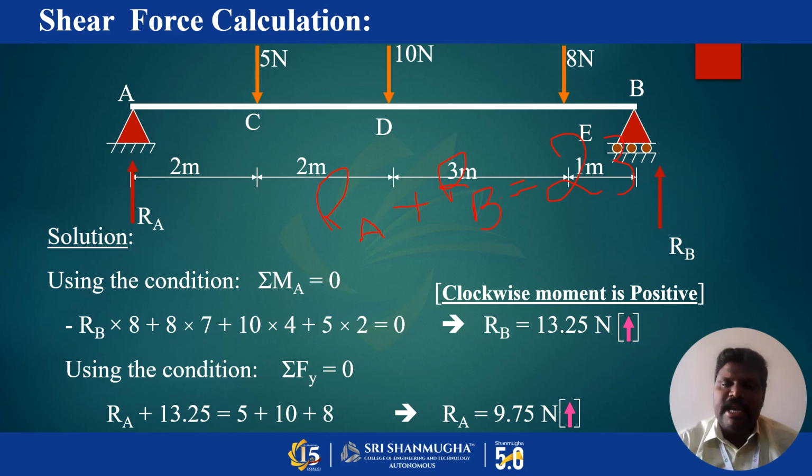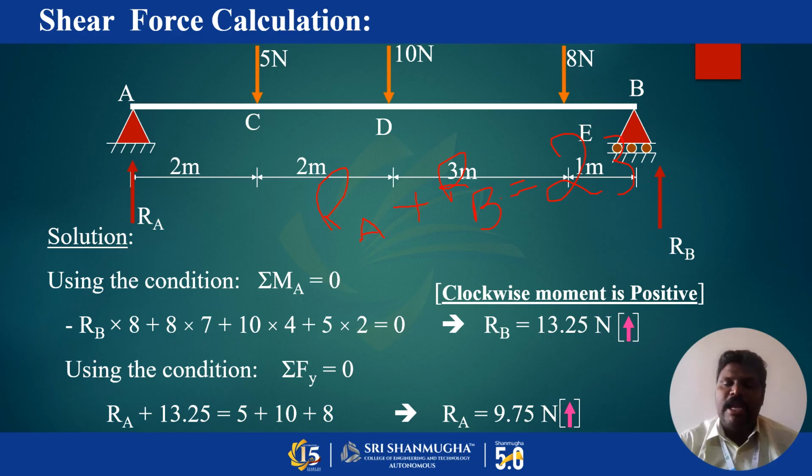So RA is equal to 23 minus RB. So 23 minus 13.25, we get 9.75 Newton. This is the value of the reactions at the supports A and B.